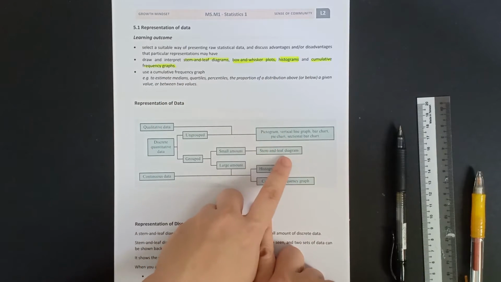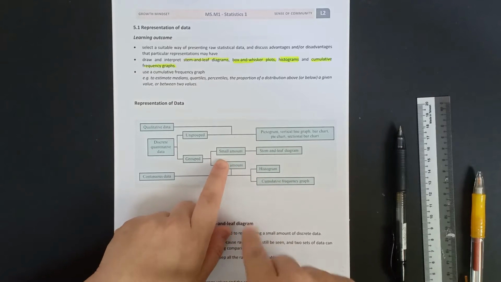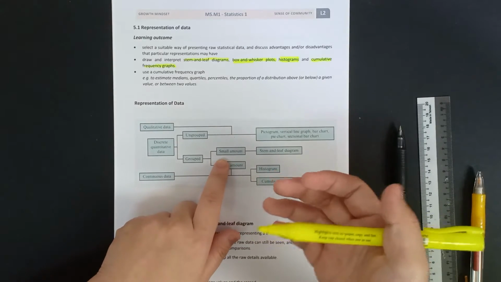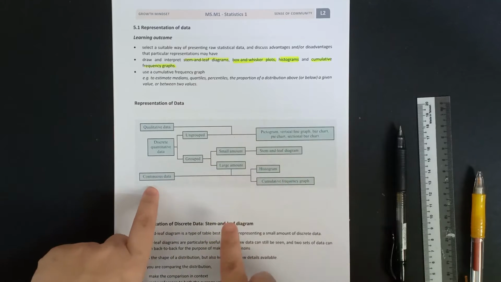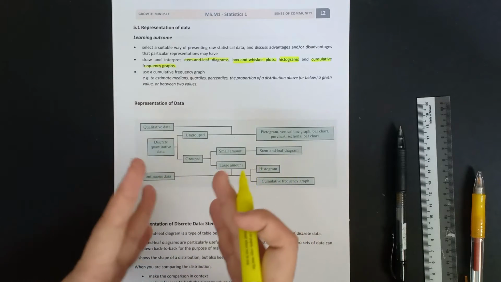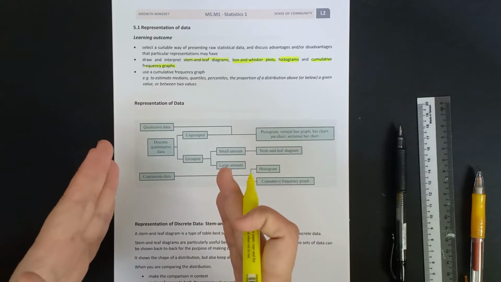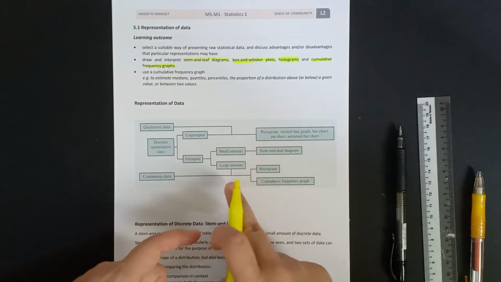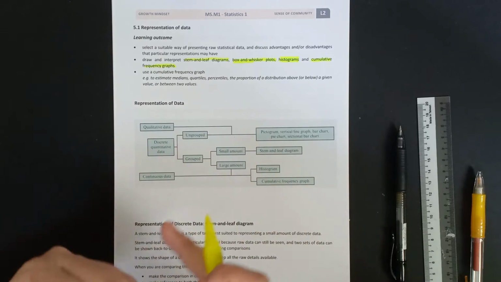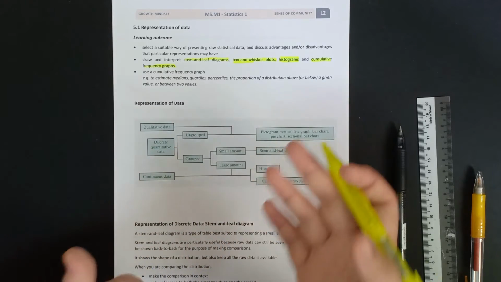For the stem and leaf diagram, normally we use it for a small amount of quantitative data. It cannot represent continuous data. So if your data is a range of numbers, or has decimal points, and it's a large amount of data, then stem and leaf will not be a very good approach.